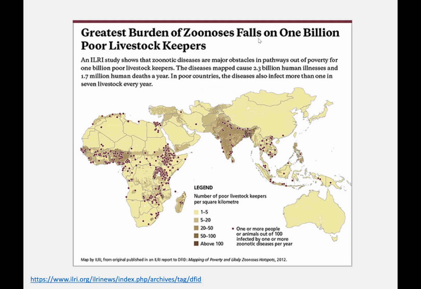So if we have these diseases that are jumping maybe from animal to animal species, right, and the diseases are affecting people's livestock, even if they're not infecting the human directly, they're affecting their ability to make money, have food for their family, things like that. So another thing we have to keep in mind about is it's not just us humans that can have issues with viruses jumping from species to species.